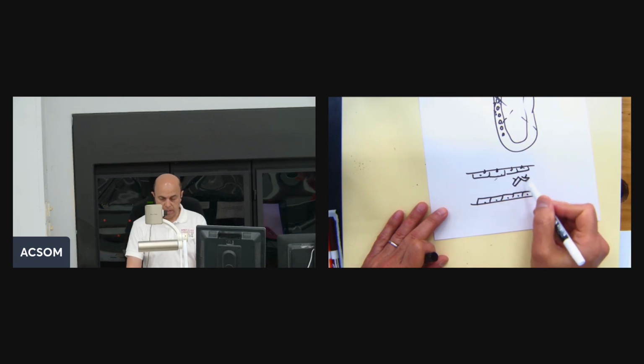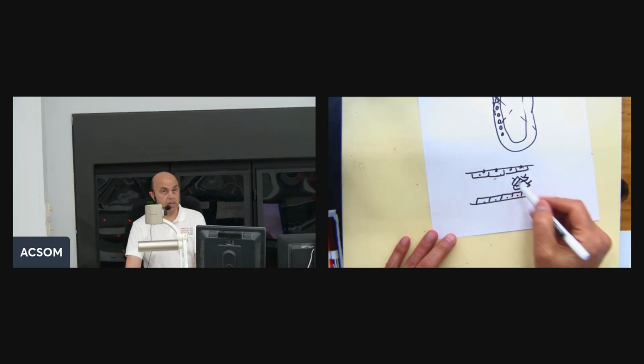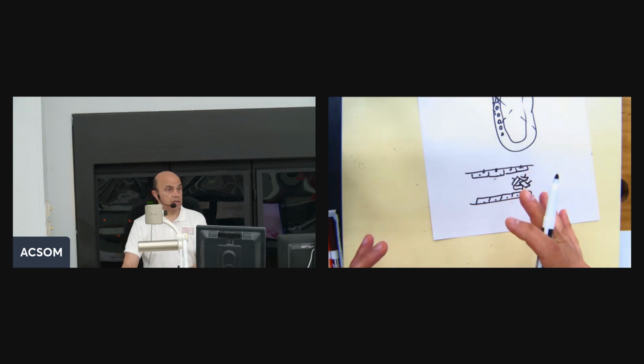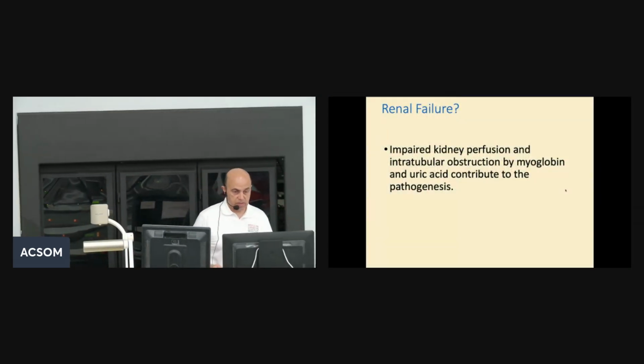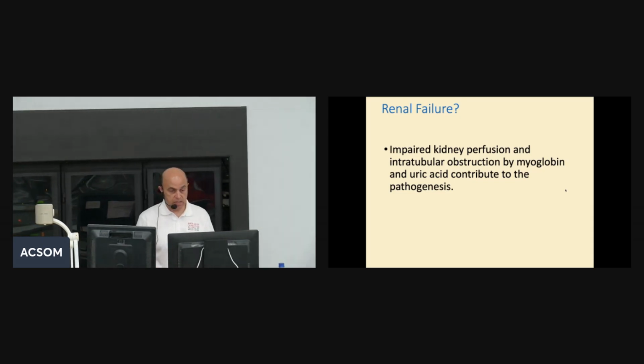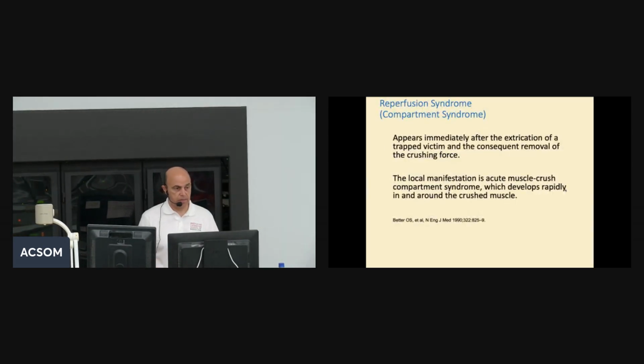When you have a lot of those together, it becomes clogged and blocks the lumen, and then the lumen is not going to be functional. So you want to prevent tubular damage, and because of myoglobin or uric acid, prevent this obstruction of the kidney.